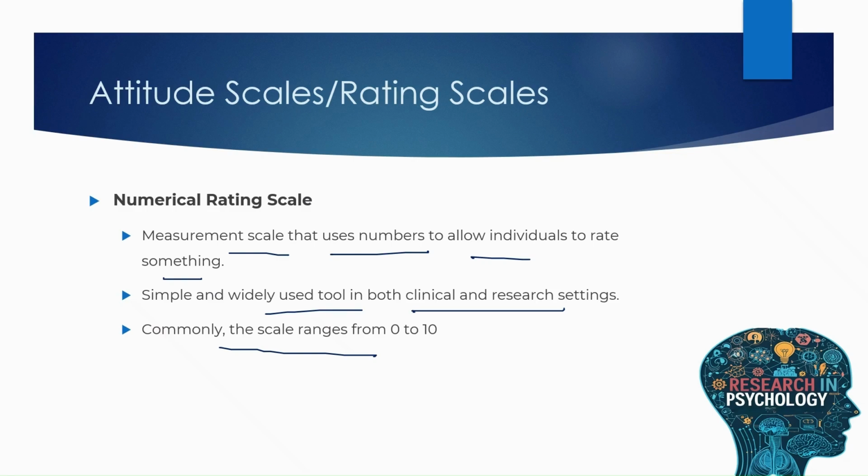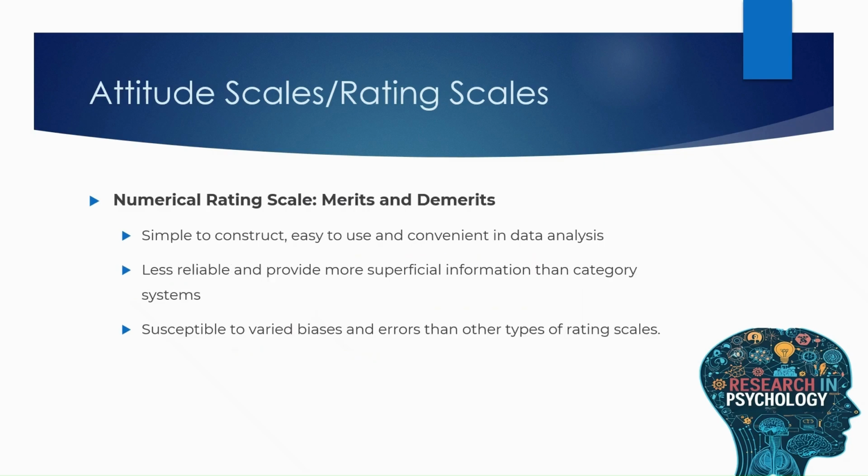Where 0 being the least and 10 being the most, right? So in case you are studying job satisfaction, 0 would be least satisfied, 10 would be most satisfied, right? So that is a numerical rating scale.